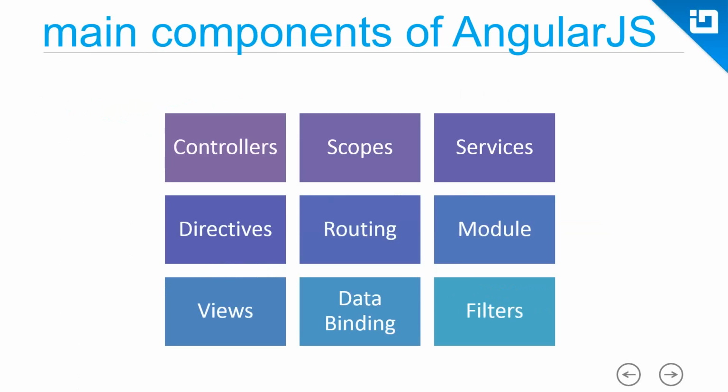And filters apply when you have data on your view and want to apply some filter on it. So these are the main components of an AngularJS application. Today we'll focus on controllers, scopes, services, data binding, views, and a little bit of directives, and we'll give more time to each of these components.